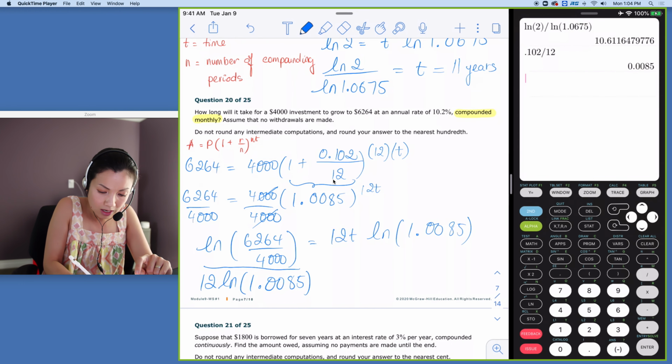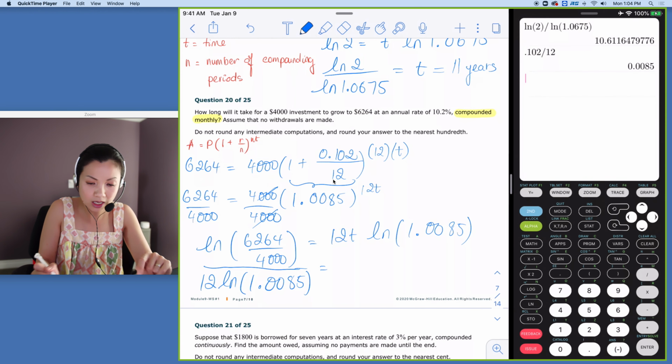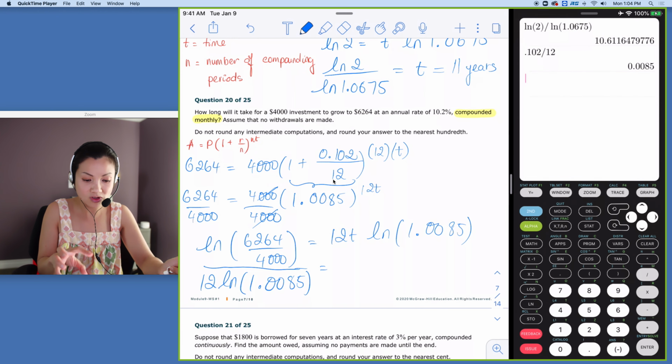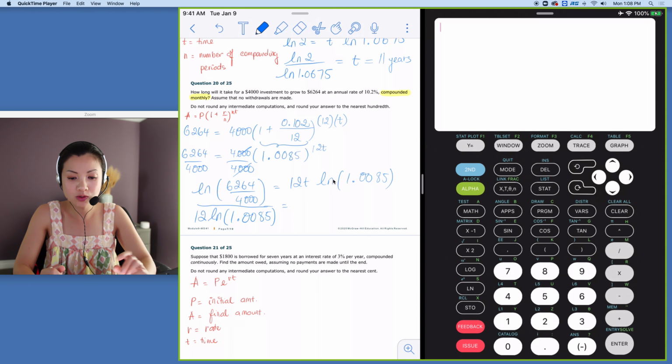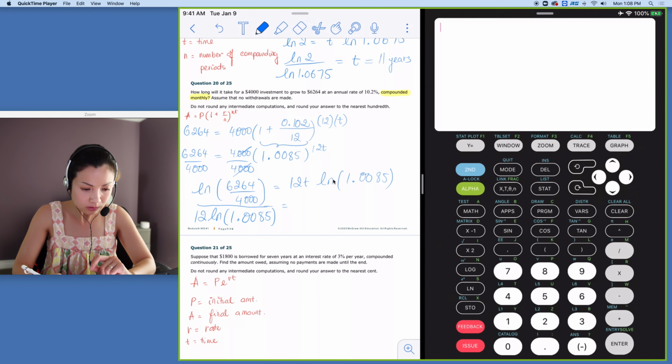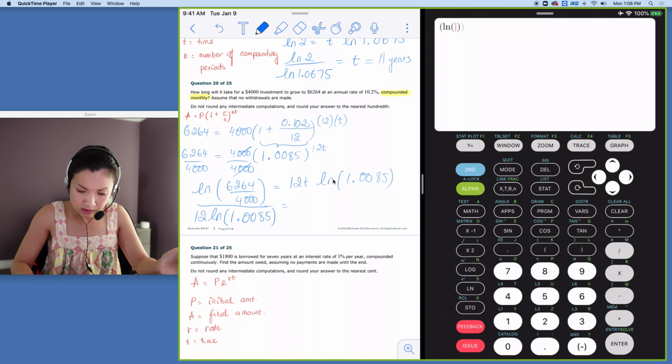Now, if you have a good scientific calculator, you can just enter everything as you see on the screen. If you don't have a graphing calculator or a good scientific calculator, you can just follow the order of operation. So we're going to use a calculator for this. I'm going to put parentheses for everything. First parenthesis, we have ln 6264 divided by 4,000.